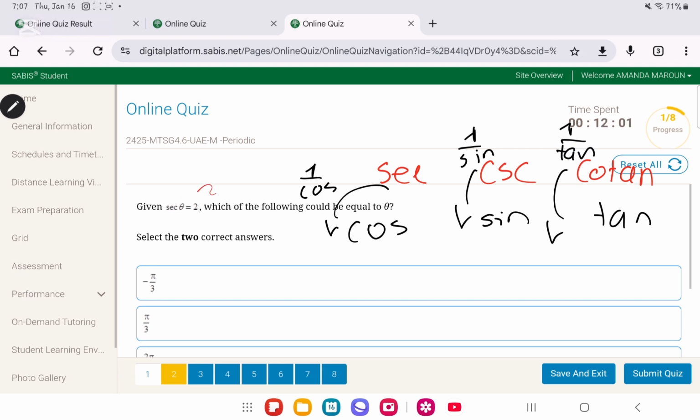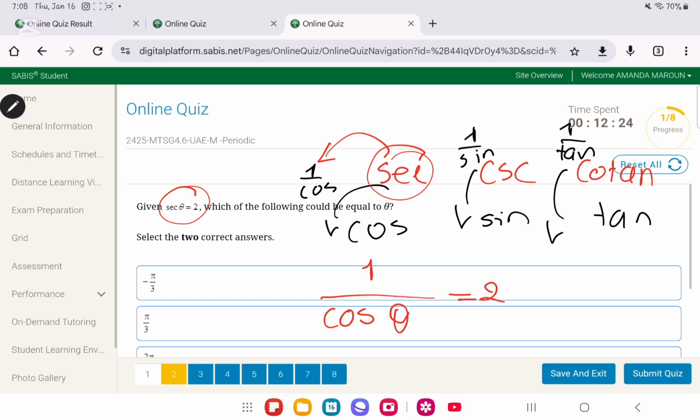Alright? So over here we have secant theta is equal to 2. And we know that secant is equal to what? 1 over cosine. So very simply, that means secant theta is equal to 2, or in other terms, 1 over cosine theta is equal to 2. Now there are many ways you can solve this. You can solve this by doing cross multiplication.